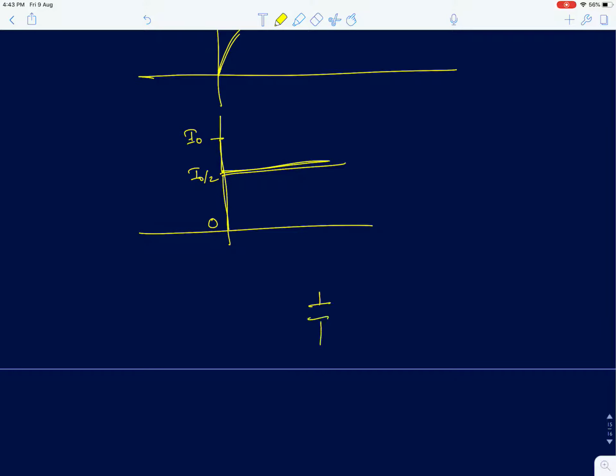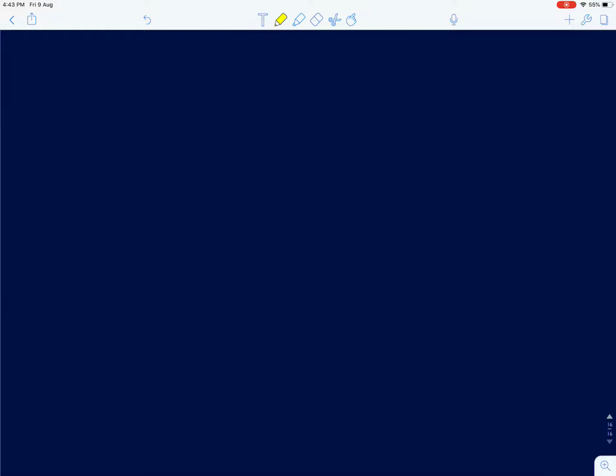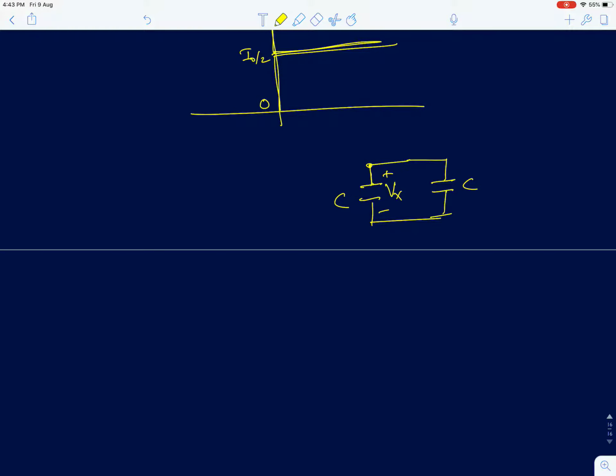In the same way, we solved a similar problem concerning capacitors when we connected two capacitors in parallel of value C and C with an initial voltage of Vx across it. If you remember in one of the previous problems, we started with an assumption that there was a finite series resistance.